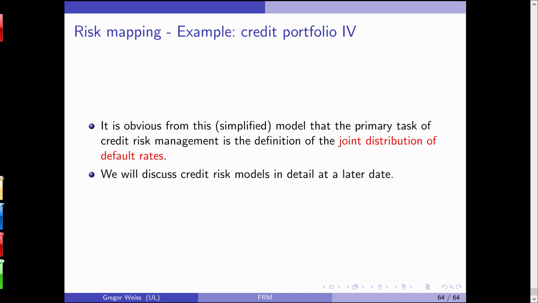Then you need to come up with a risk mapping that is a function of the risk factors that yields the loss and the value of a position. And then you need to find a good model, a good risk mapping. You might have to linearize it, and then you simply have to identify the appropriate risk factors, and then more or less you're done.